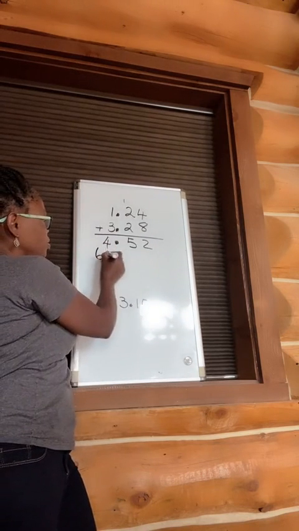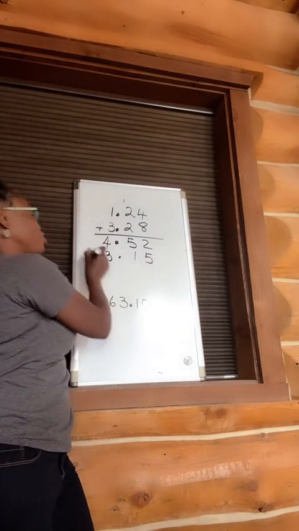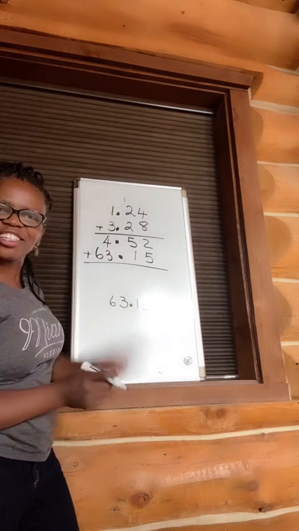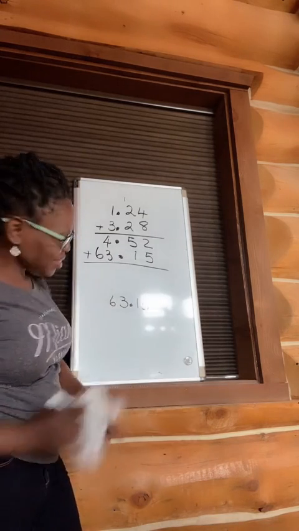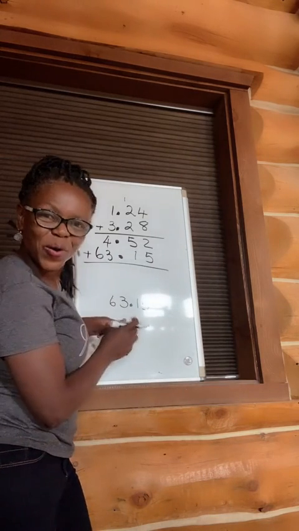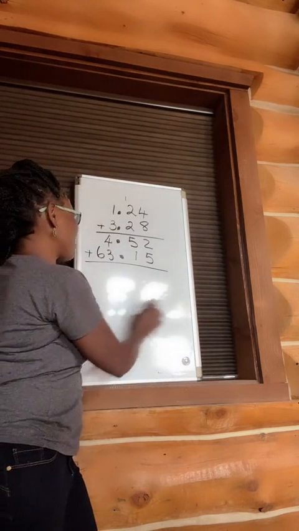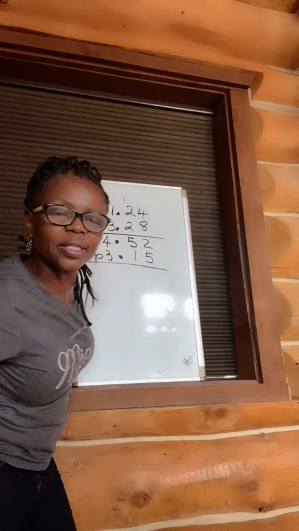So we would say 63.15. And we would just add. This is the most important thing in addition and subtraction. We align the decimal points. Or we bring it down as one of you said. All right. Is everyone okay with this?